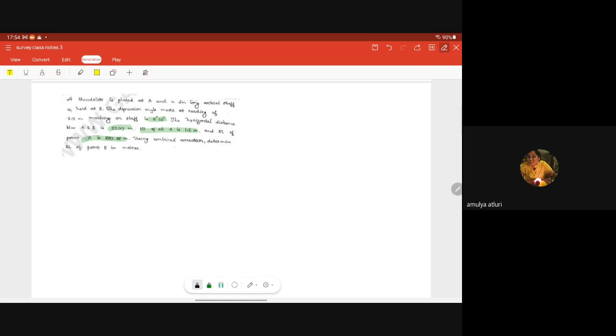So first we will draw the diagram, the traversing diagram.